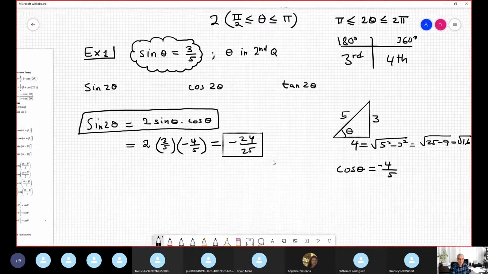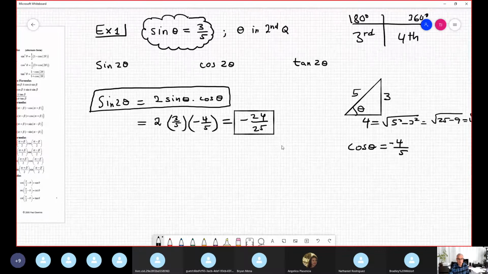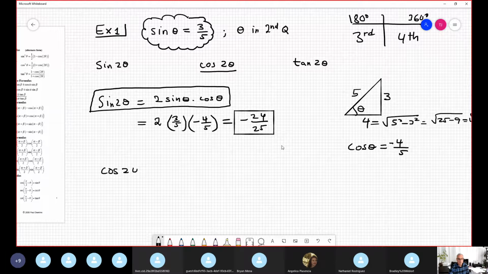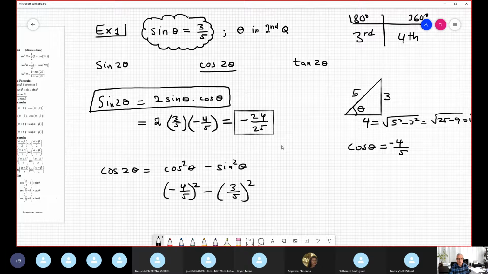Let's move on to the cosine. Cosine is the second thing they want. Cosine double angle, using the first formula, either way: cosine squared theta minus sine squared theta. Cosine squared is negative 4 over 5 squared, minus 3/5 squared.